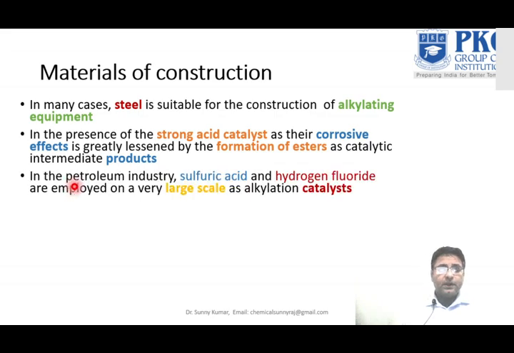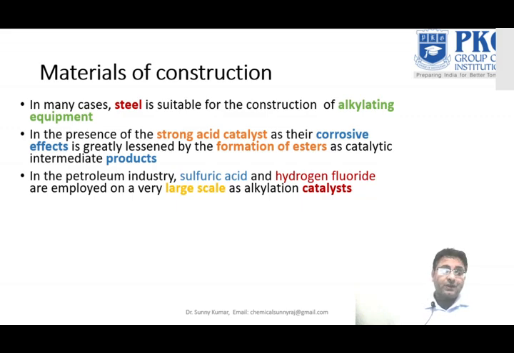In the petroleum industries, sulfuric acid and hydrogen fluoride are employed on a very large scale as alkylation catalysts. Because these catalysts, hydrogen fluoride and sulfuric acid, can dissolve almost anything, generally they can dissolve even gold. The sulfuric acid and HNO3 solution, which is aqua regia, can also dissolve gold.